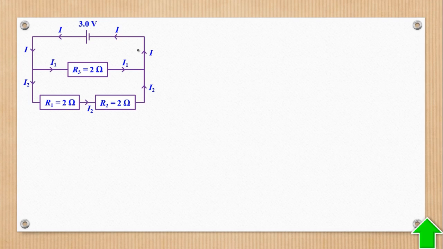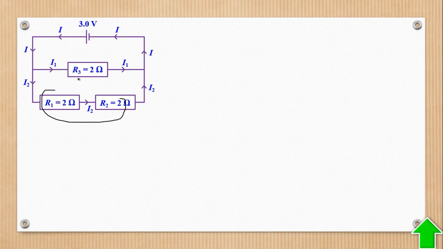Each time the resistors which have a different current going through them will be in parallel. So here, this is in parallel with this set of resistors. But again, these two have the same current, I2, meaning these two are in series. Therefore, the first thing to do is to combine these two.